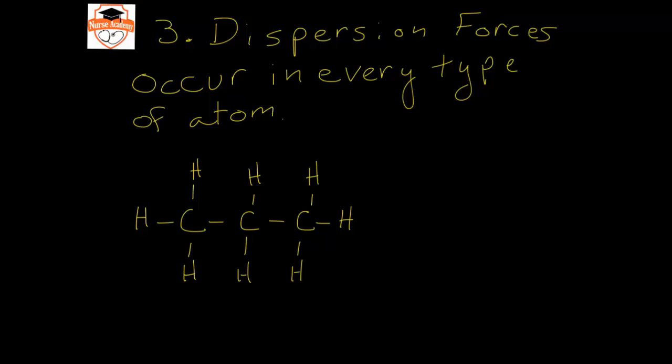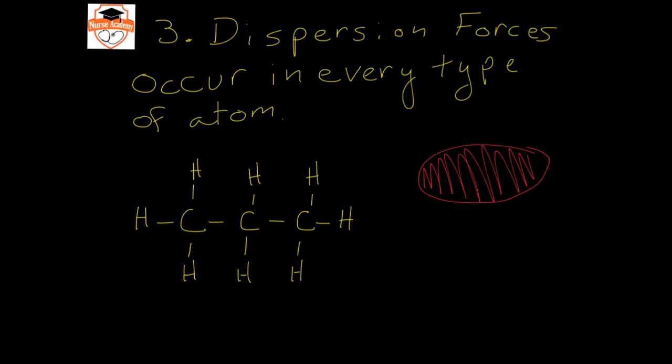And what happens is that at any given period of time in a bond, the electrons will suddenly go to one side of the bond versus the other side. So if we say that this is our bond, normally we would have an even distribution of electron density, but on some occasions we don't have an even distribution, because the electrons are moving.